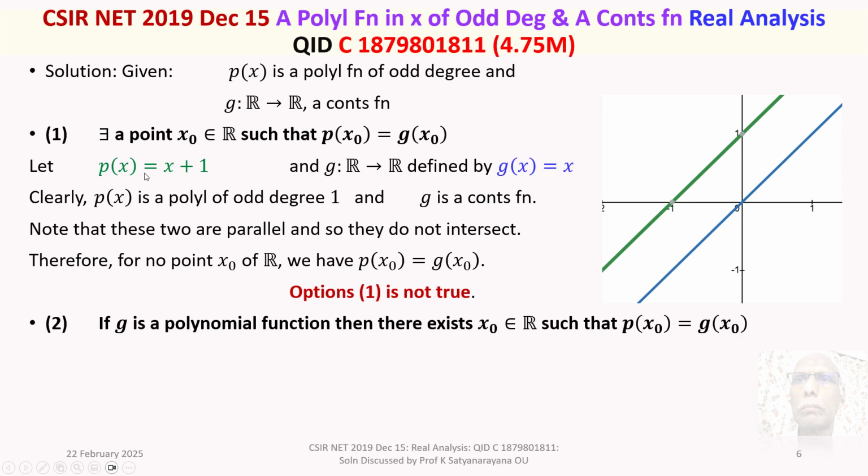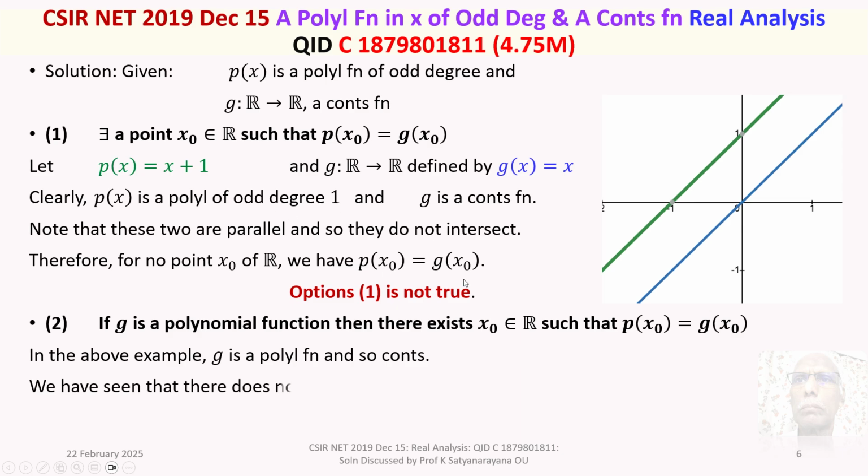So we can take the same example and conclude that there is no common point between them. That means there does not exist an x0 belongs to R such that p of x0 is equal to g of x0. Thus, option 2 is not true.